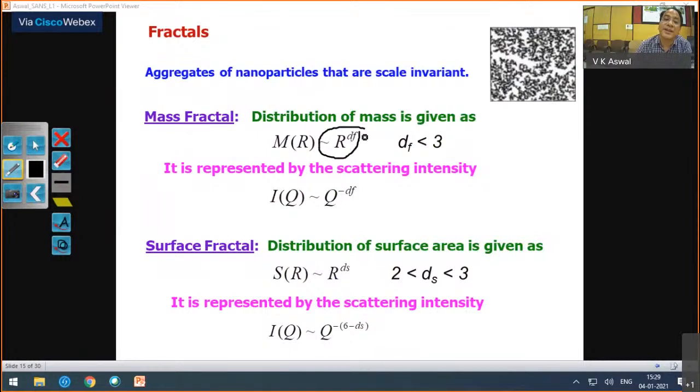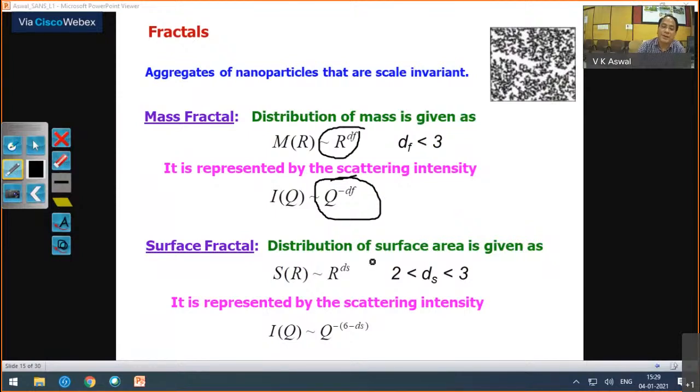If it goes as r to the power df, and df is less than 3, it is called the mass fractal dimension. For such a system it can be shown that, in a particular q range, your scattering intensity varies as q to the power minus df. So you have this scaling law, and from that you can get the mass fractal dimension.